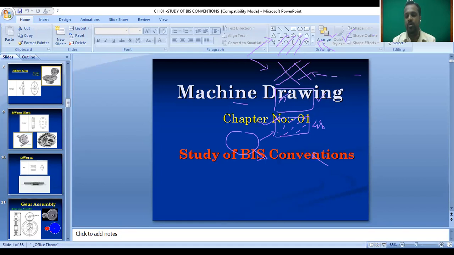Again, a similar process: we draw a square box and inside it draw inclined hatching lines at 45 degrees, and then across those inclined lines we draw a cross horizontal line. This is the conventional representation for the insulating material. In a similar manner for liquid, we just draw dotted lines in the horizontal direction like this.